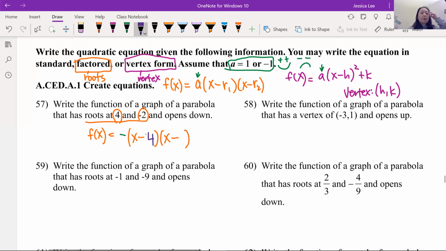And if you remember, if we set it equal to 0 and solve, we would add 4 to both sides and get x equal to 4, which is right here. So this one is -2, so x minus -2, that minus and negative make it a plus. And there it is, we're done. We wrote the equation.